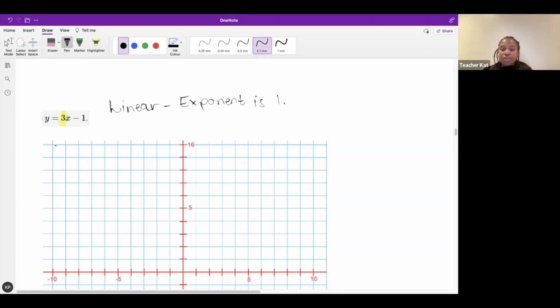So a positive coefficient or gradient means it is an increasing graph. This is an increasing graph. Don't look at the -1. Increasing, because the coefficient or gradient is positive. Okay. So we know it's going to be a straight line that is increasing.